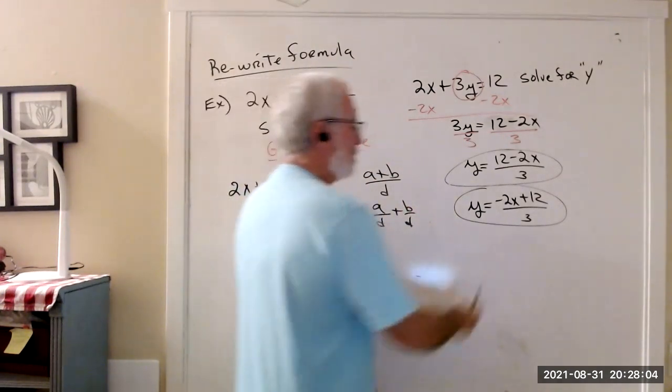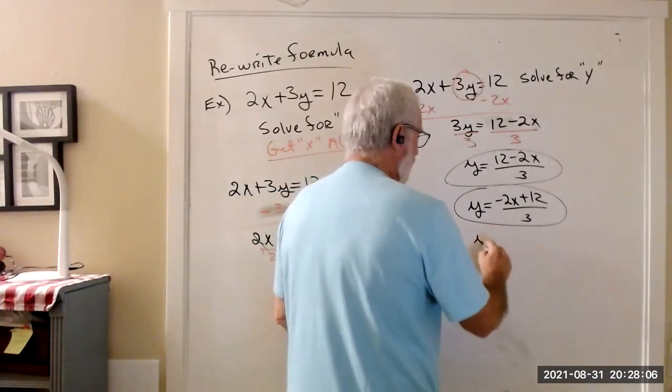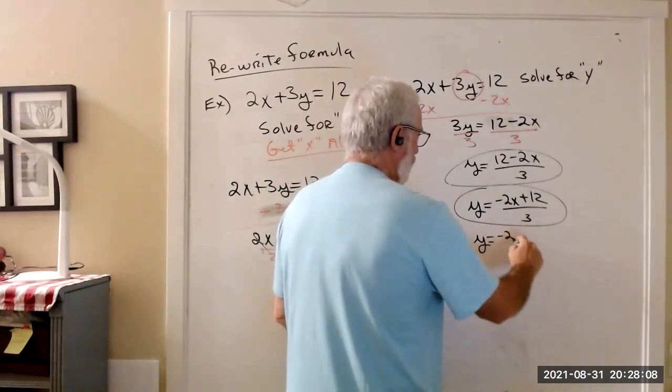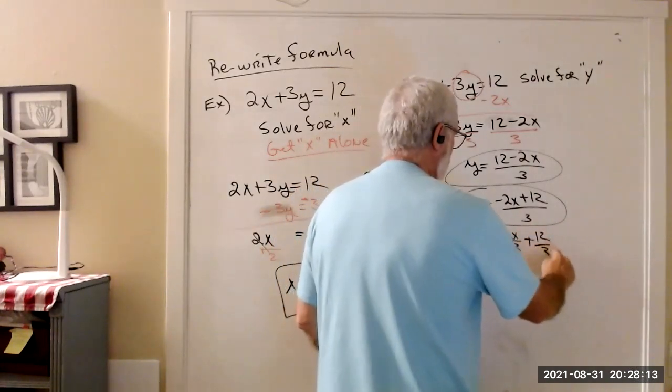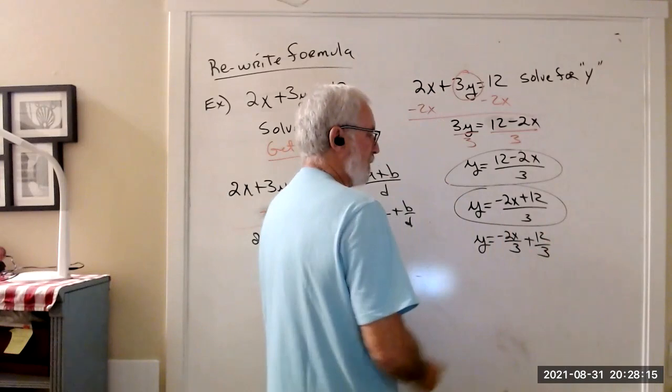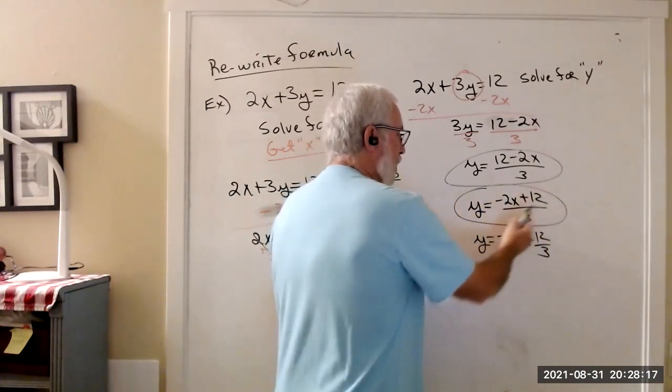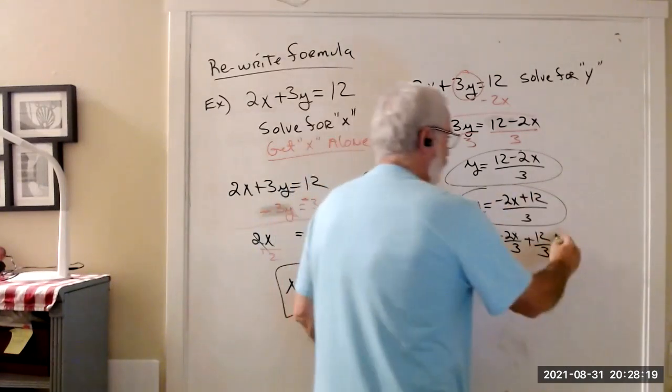Well, what's that mean? That means I can split this up. y equals negative 2x over 3 plus 12 over 3. So the 3 can divide both of those. But wait, this is wrong.